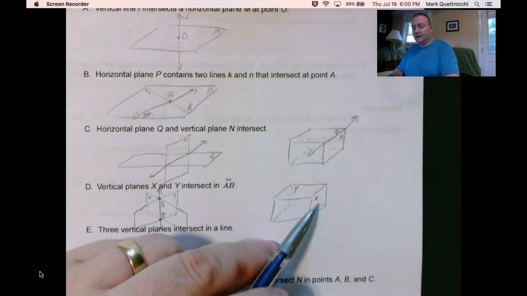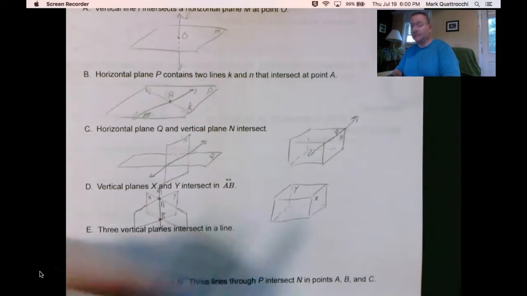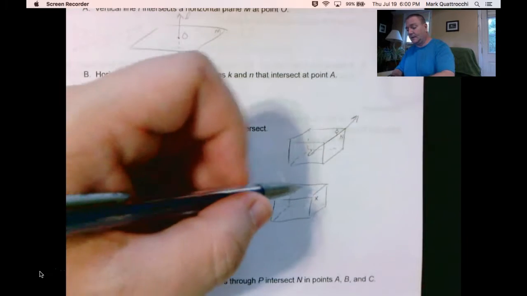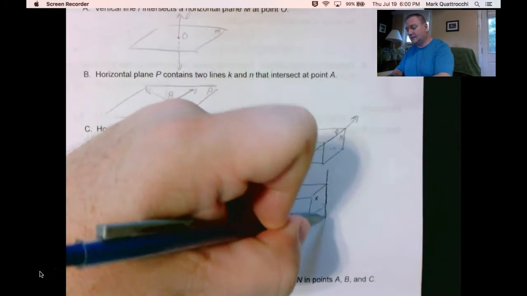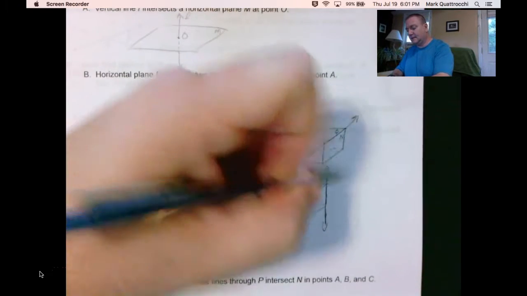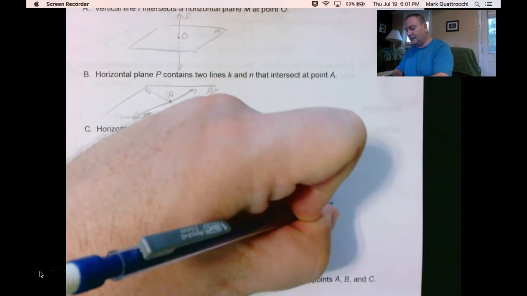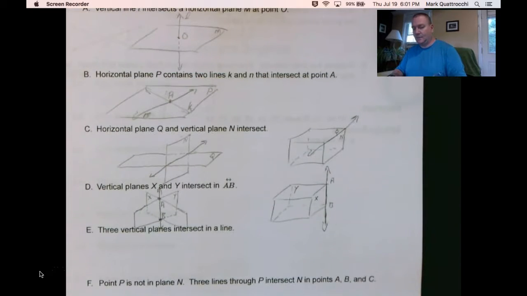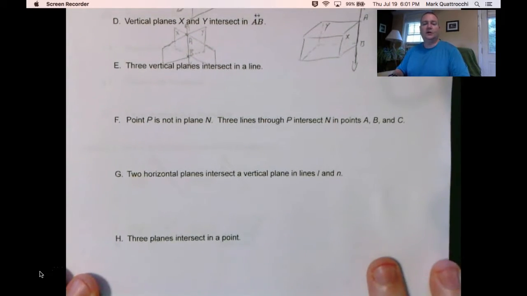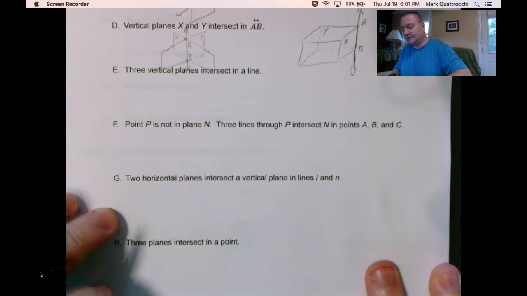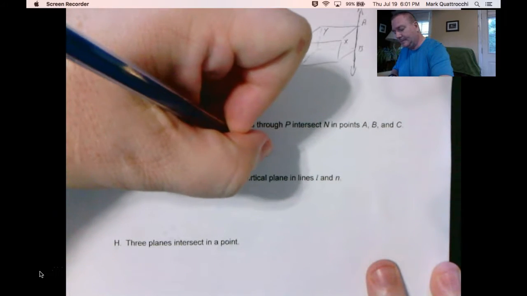Is the X on the right or is it on the back? I'm telling you where they are. X and Y are both vertical planes intersecting at this line here, A, B. Okay. All right. F. Point P not on plane N. So let's start off by drawing plane N.